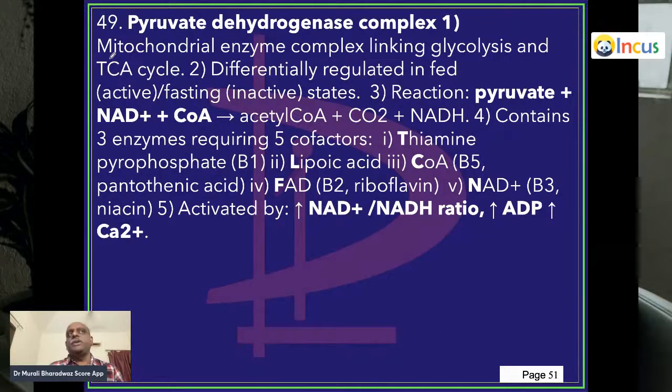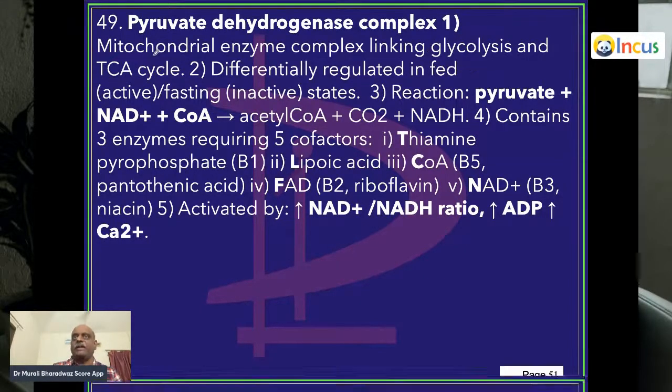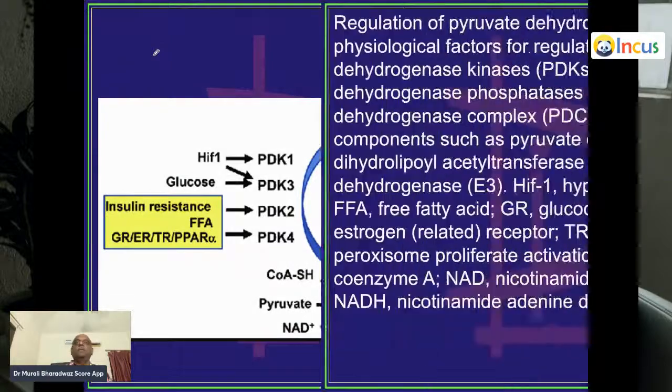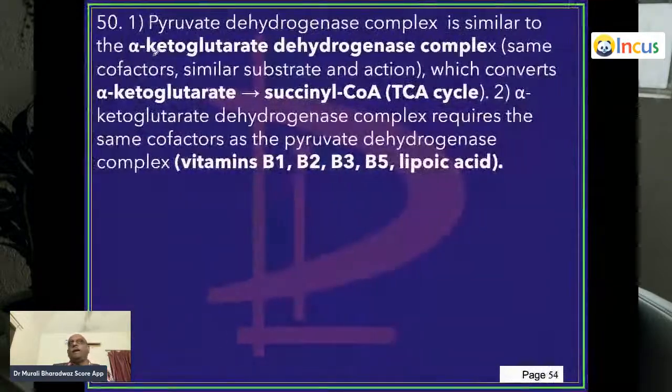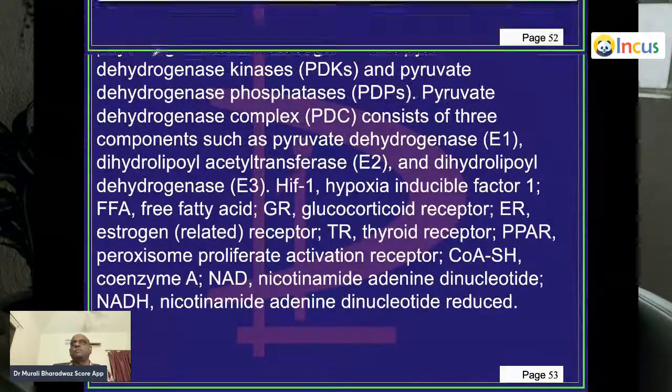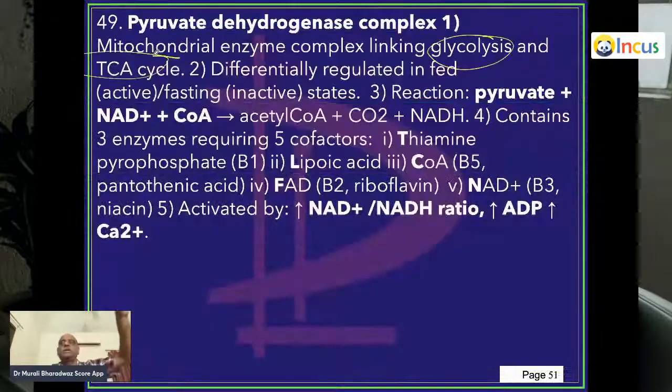Pyruvate dehydrogenase complex. It is a mitochondrial enzyme complex and it links glycolysis and the citric acid cycle. The end product of glycolysis is pyruvate, and that is converted into acetyl-CoA.